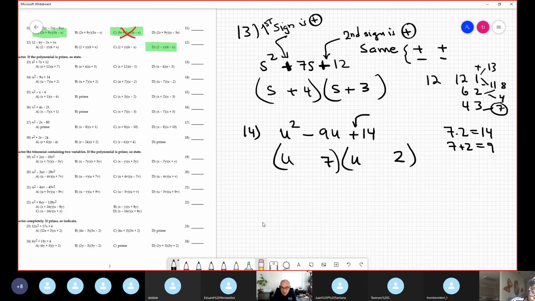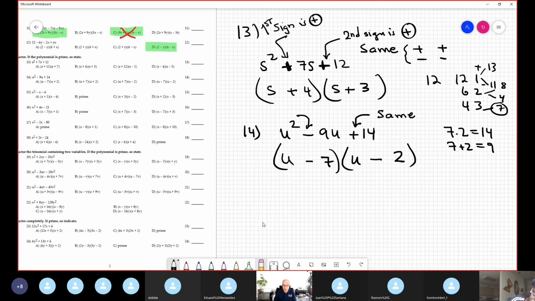The second sign is positive. Look at that. If it's positive, I know the sign is the same. If it's negative, it's different. If it's plus, it's the same. What is the same, plus or minus? It's minus. Why? Because the first sign is negative. This is the clue.